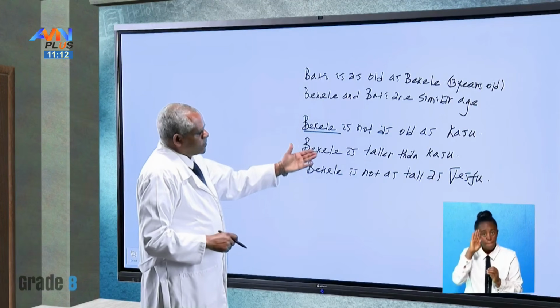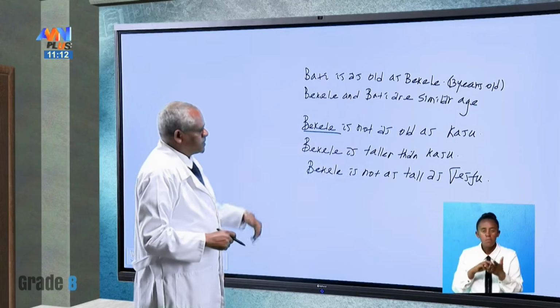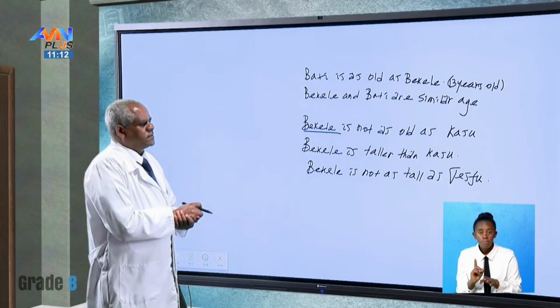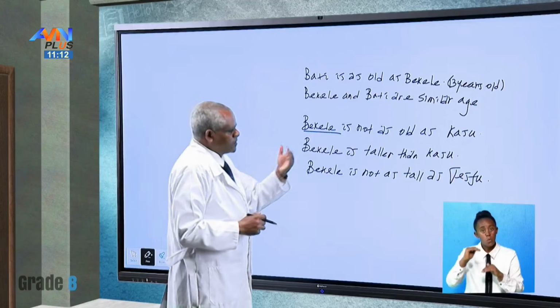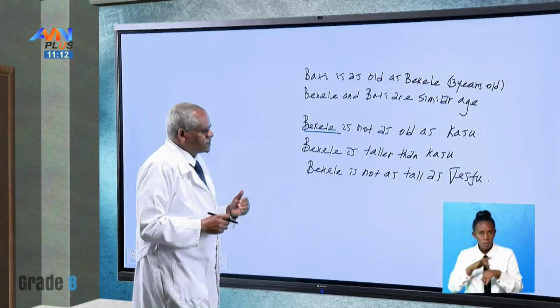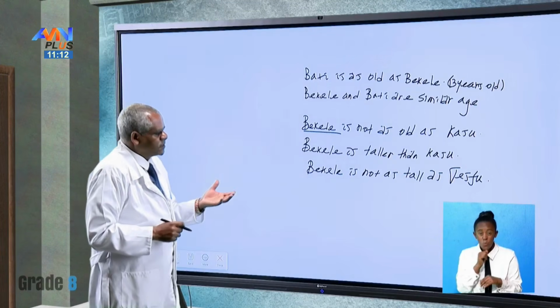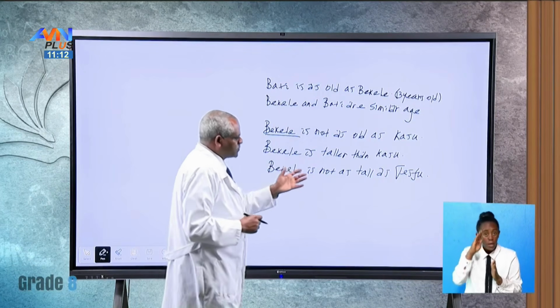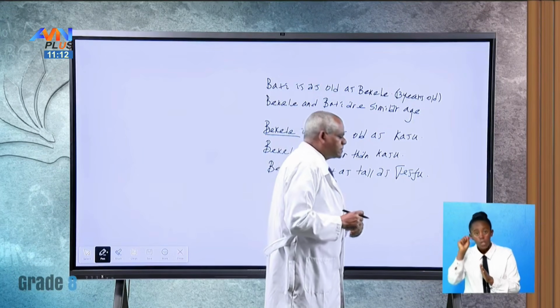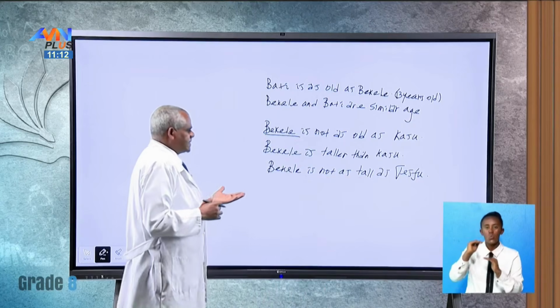Bakala is taller than Kasu, means Bakala is just height and his what? Tallness. He is taller than Kasu, whereas Bakala is not as tall as Tasfu, means who is taller? Bakala is not as tall as Tasfu, means Tasfu is taller than Bakala.